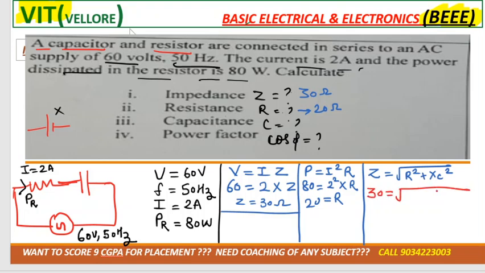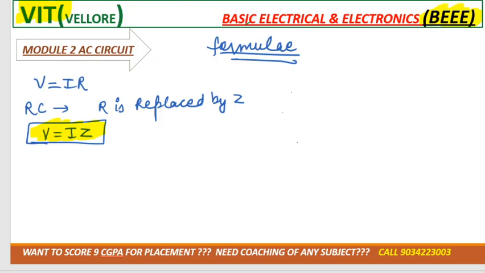Do you know R? 20. So XC is root of 30 square minus 20 square. 30 square is 900, 20 square is 400. Calculate it and then tell me the value. XC you got as 22.36, right?